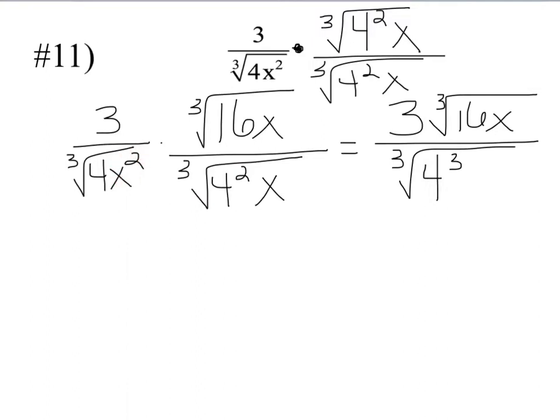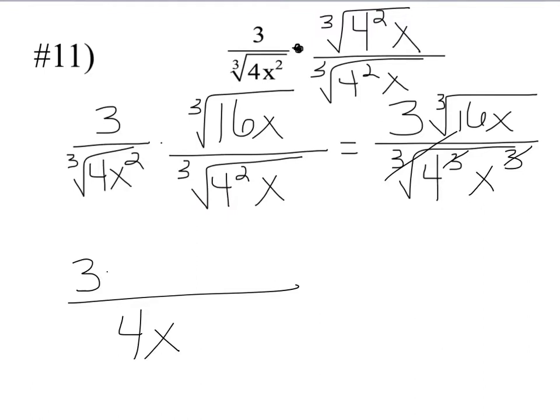Then I've got 2 x's, 3 x's. So x cubed. Okay? So I've got the cube root, and the cubes cancel, leaving me just 4x in my denominator. And in my numerator, I can break this 16 down a little further. So I've got 3 times, that's this original 3 out here.